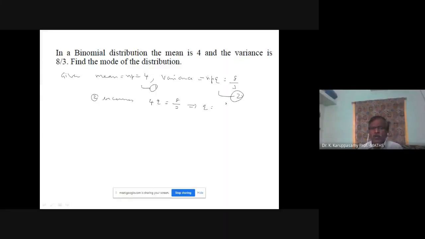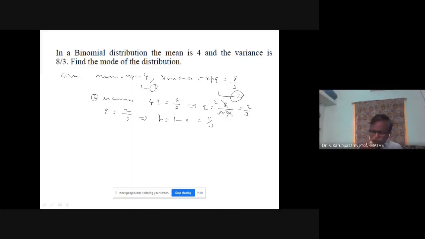Q equal to 8 by 3 into 4, which is 2 by 3. Then p equals 1 by 3.